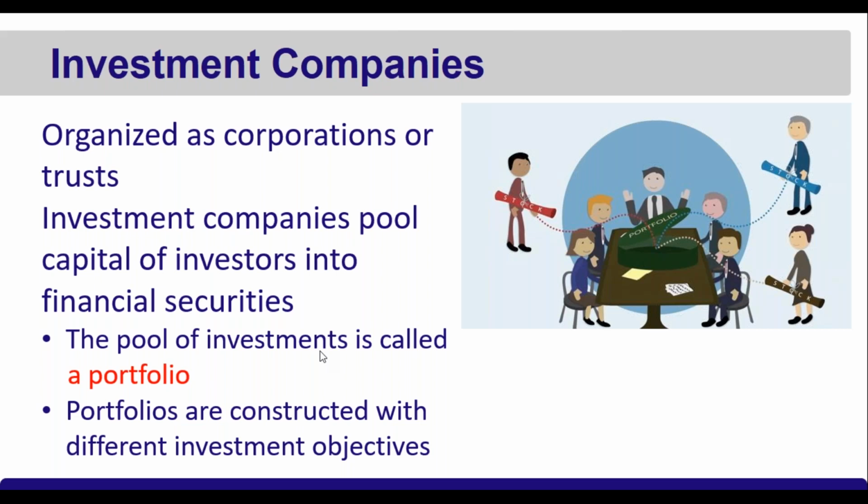So this slide, not sure where I lost you, but investment companies. I summed up toward the end of this slide by explaining that the definition of an investment company is a company organized as a corporation or a trust, as you see here.